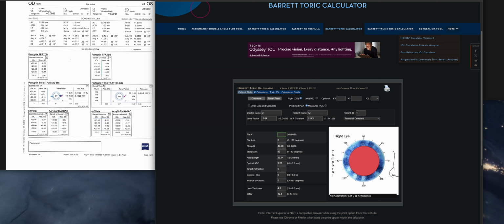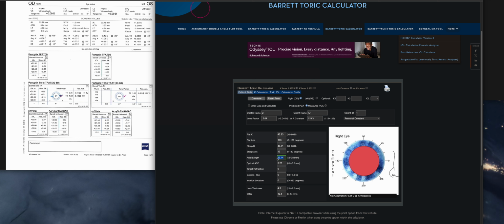Let's do the right eye first. Okay, this is a virgin cornea, so okay, first eyes. K1. Okay, so here's K1, 45.83, 103 is the axis, and K2 is 46.71, and 13.